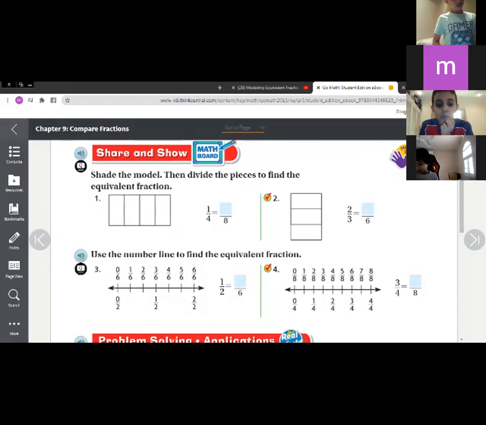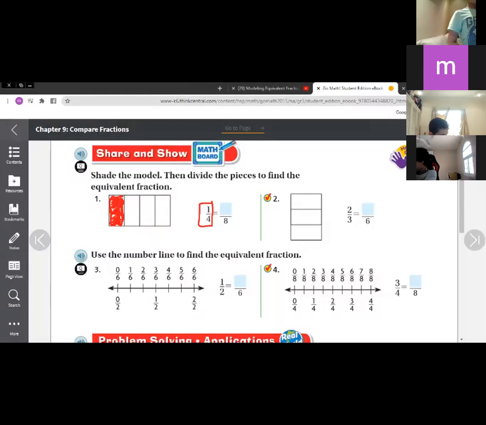No, 2. Why 2? No. First of all, I need to shade how many parts? Look, 1/4. So I'm going to shade only one part out of 4. Okay. 1 part out of 4. Can you see it? Yeah.